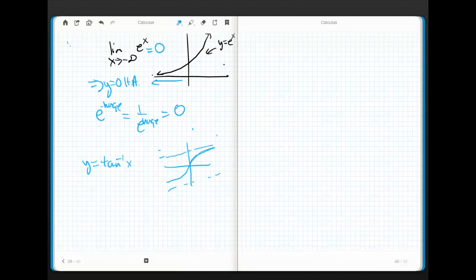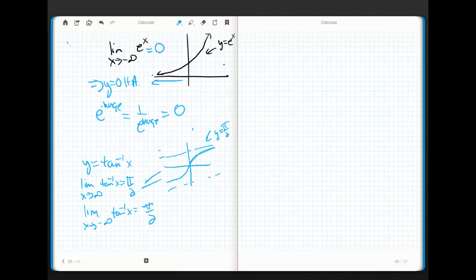These aren't so horizontal, bear with me. y equals pi halves. Well, now I know, because of looking at the graph, that the limit as x approaches infinity of arctan of x is equal to pi halves. I also know that the limit as x approaches negative infinity of arctan of x is negative pi halves.